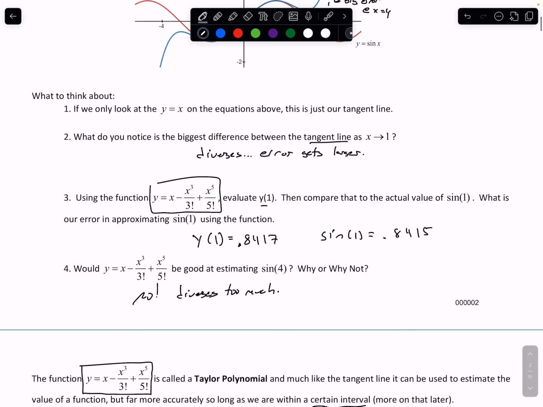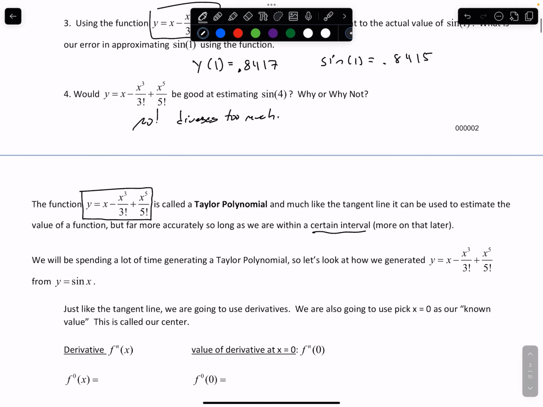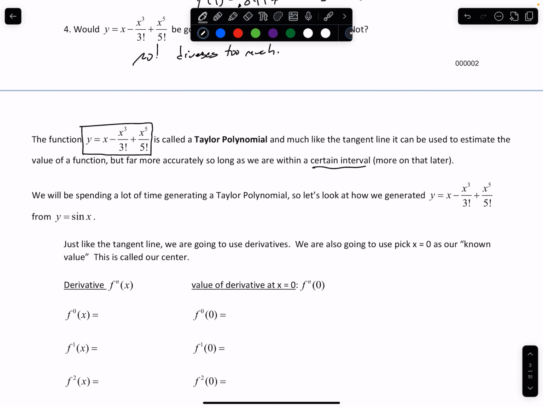You might remember in the previous video, if we went past x equals 3, it diverged and it wasn't very useful for us. So we'll talk more about that interval of certainty a little bit later on. But right now, we're going to spend time generating what we call a Taylor polynomial.